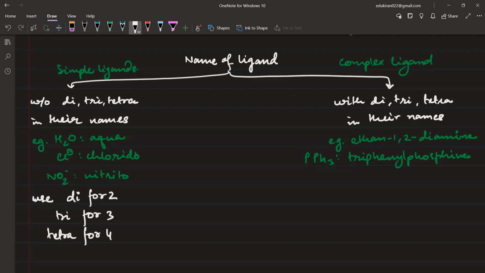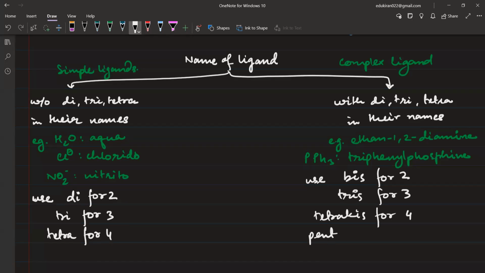You know the drill. But if you have complex ligand, then you will use bis for 2, tris for 3, tetrakis for 4 ligands if it is complex. Similarly, pentakis if there are 5 such ligands.